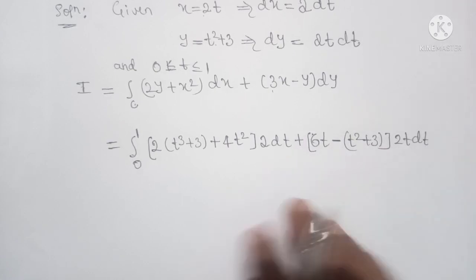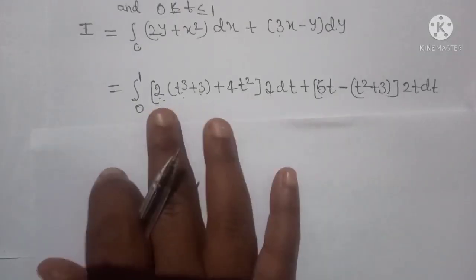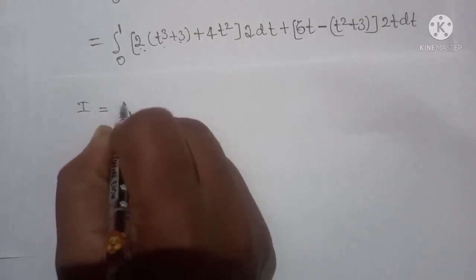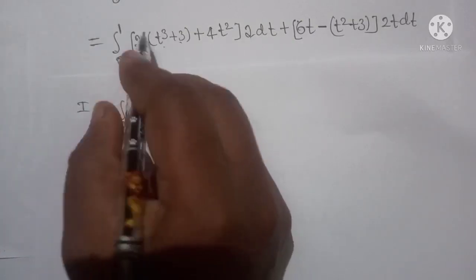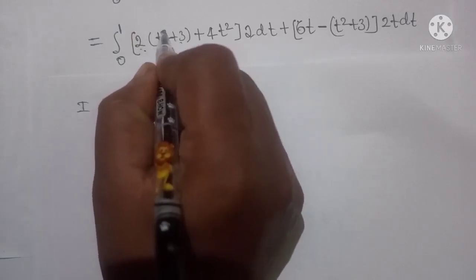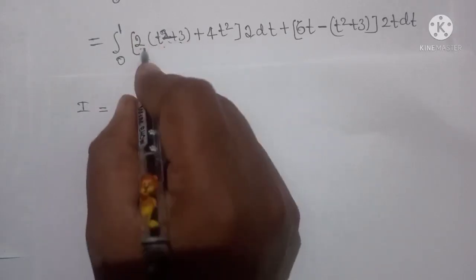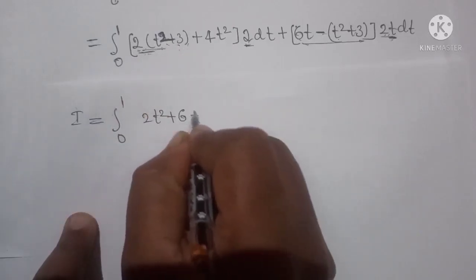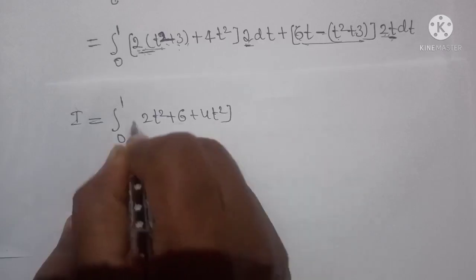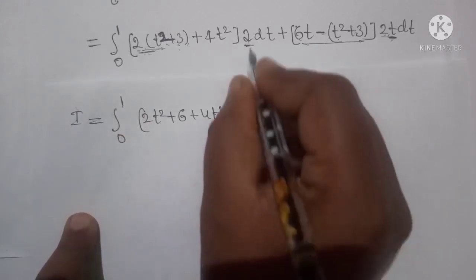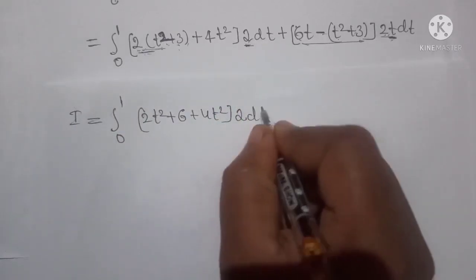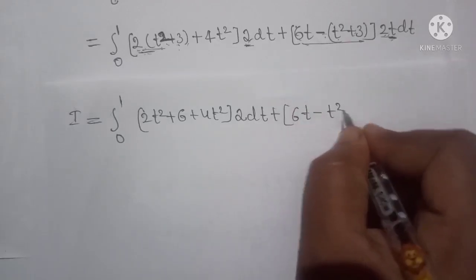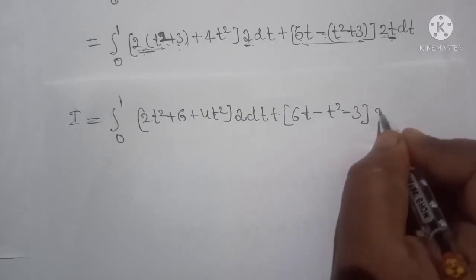Now further simplifying this, we get I equals the integral from 0 to 1, so sorry, this is not t cube, it is t square. So 2t square plus 2 into 3 is 6, plus 4t square as it is into 2, so we keep this as it is, plus 6t minus t square minus 3 into 2t dt.